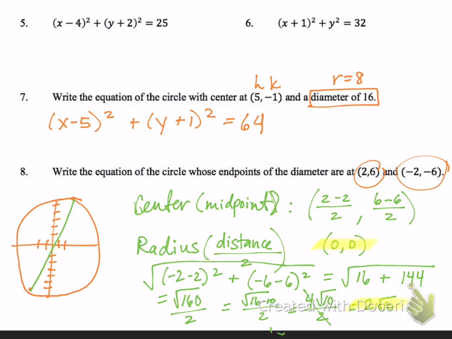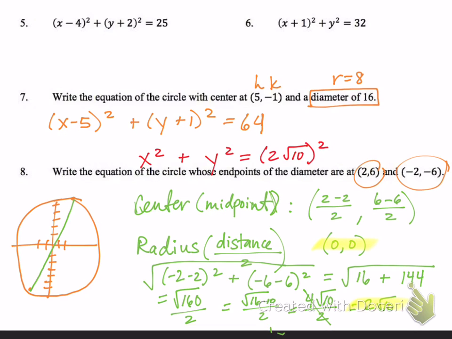Okay, so now I have the pieces of information that I need to write the equation. And so if I were to put that into standard form, it would look like x minus 0 squared, so x squared, plus y squared equals 2 square root of 10 squared. Because that's the radius, I need to square it.